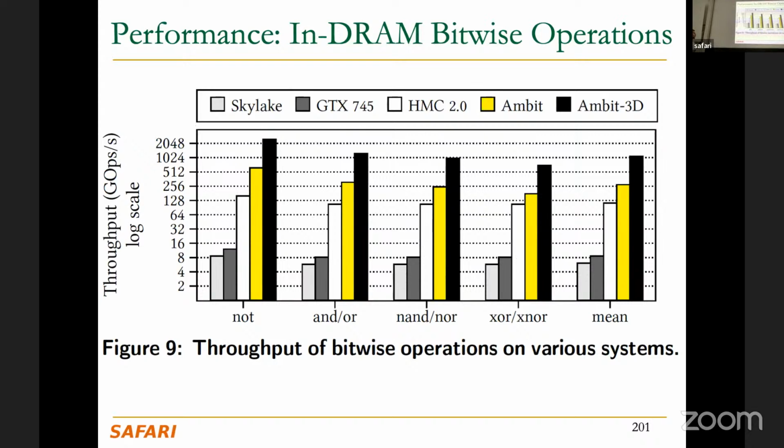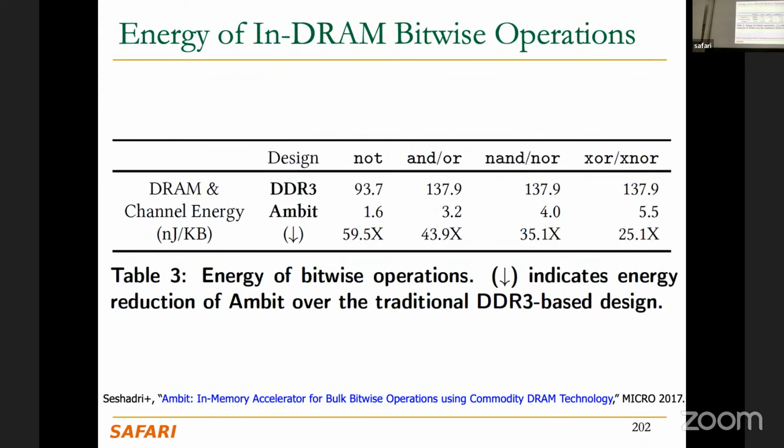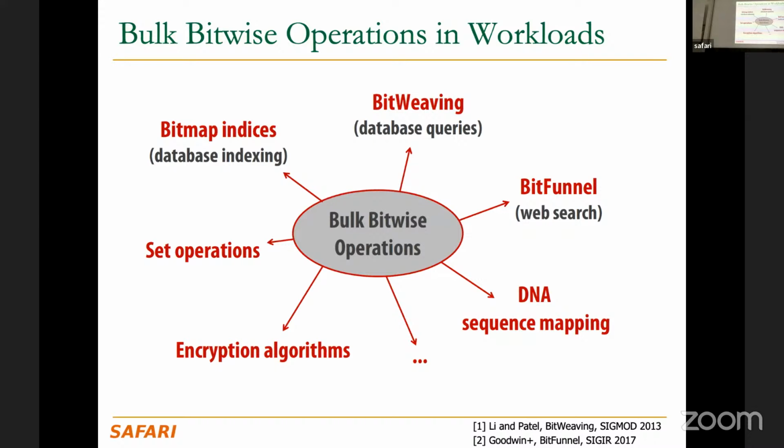And we see that we can achieve really high throughput compared to CPUs when doing these bitwise AND, OR, NOT operations inside the DRAM, and we can also significantly reduce energy compared to current CPU systems. We also look at several different applications and map them.